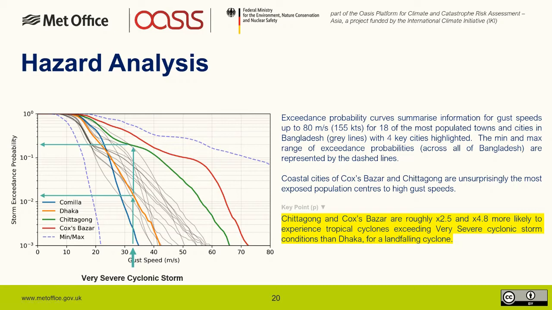So here Dakar is the thick orange line and Chittagong is the thick green line, noting that as we go up this scale, this is storm exceedance probability on the y-axis, the events become more likely.